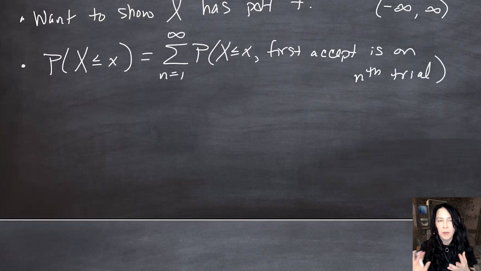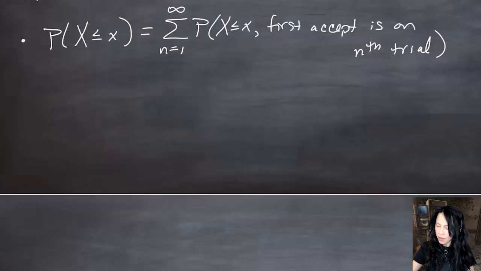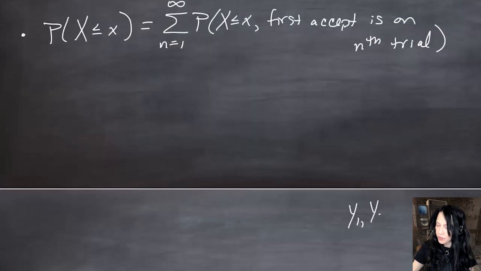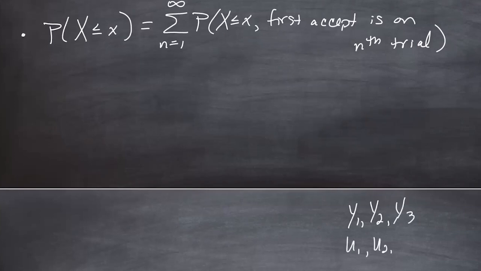So a marginal note, I didn't leave myself any marginal room, but to get that first acceptance, we're going to draw a Y, draw a U, draw a Y, draw a U, draw a Y. So I'm going to call those Y1, Y2, Y3, U1, U2, U3, etc.